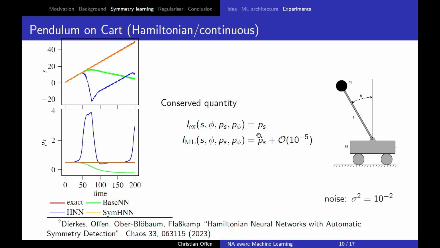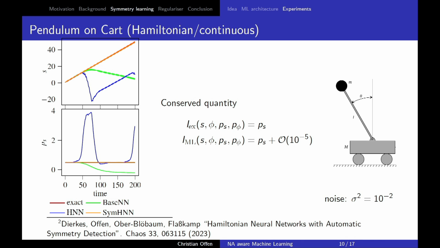So in this case, in the exact motions, the momentum is conserved in the horizontal direction, and the learned conservation law recovers this up to a small error, even though the noise is 10 to the minus 2, which is quite cool. And you also see that the numerical motions here preserve the conserved quantity, while if you leave out the symmetry terms, it fails to do so.